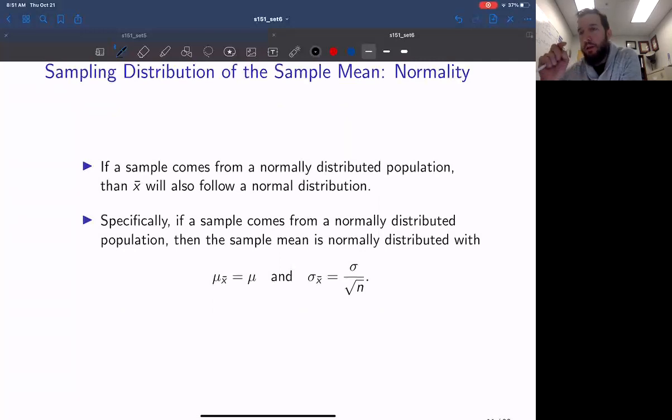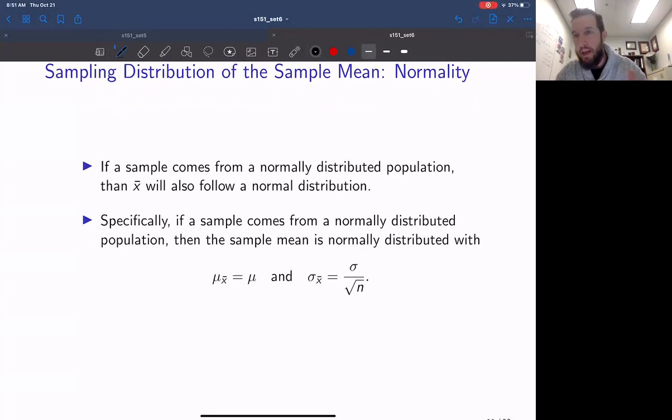Now, if we know that the population that we are sampling from is normal, then these parameters will parameterize a normal distribution. Okay, this is typically an area where students start to get confused because they think that you can only use these formulas if the population is normal, which isn't true. You can use these formulas whenever you want.